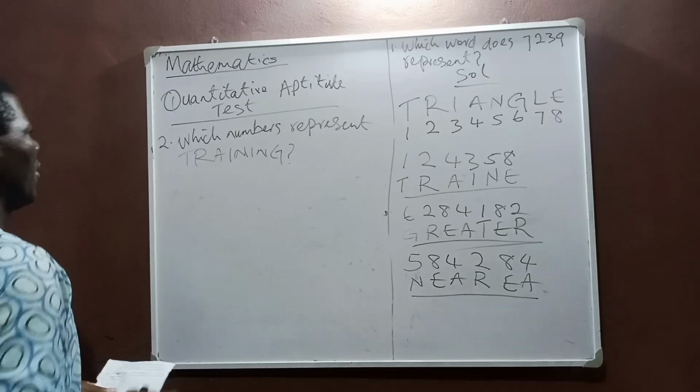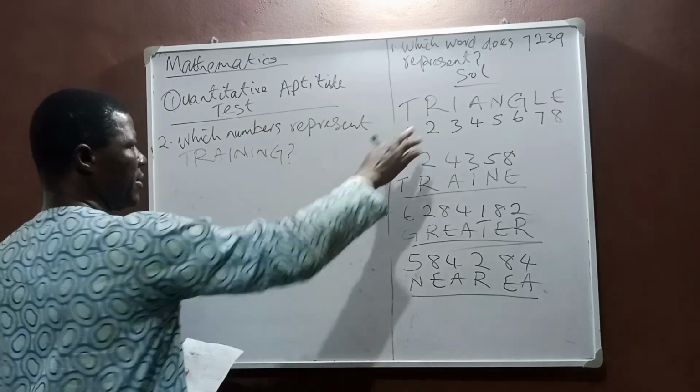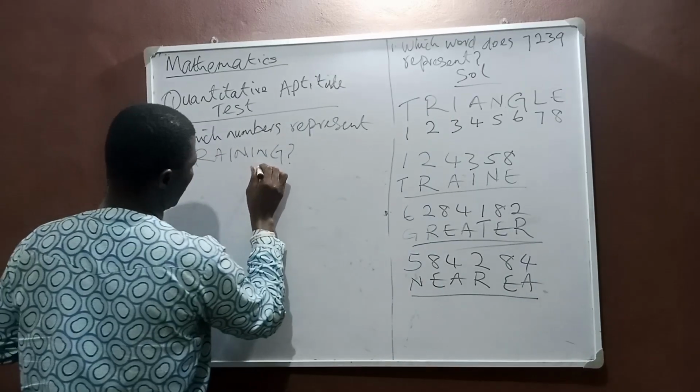That is the question. How do you know the numbers that represent TRAINING from this sample here? Solution.